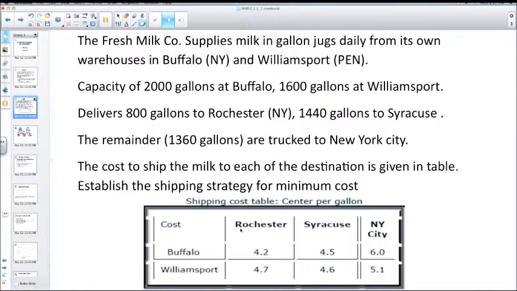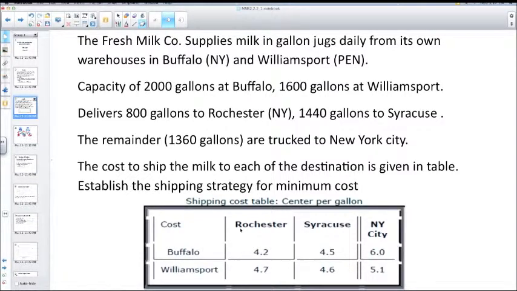The capacities of the two warehouses are 2,000 gallons and 1,600 gallons per day. The company needs to deliver the milk every day to 3 different cities. One is Rochester, another one Syracuse, and the third one, all the leftover, goes to New York City.